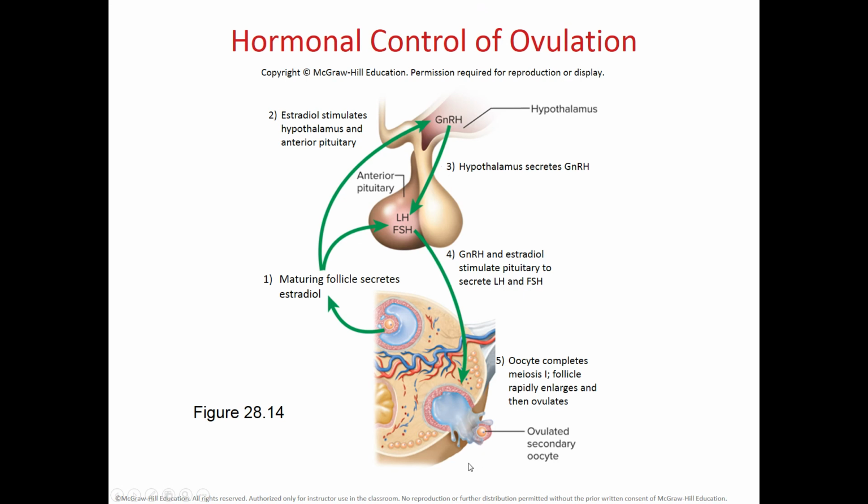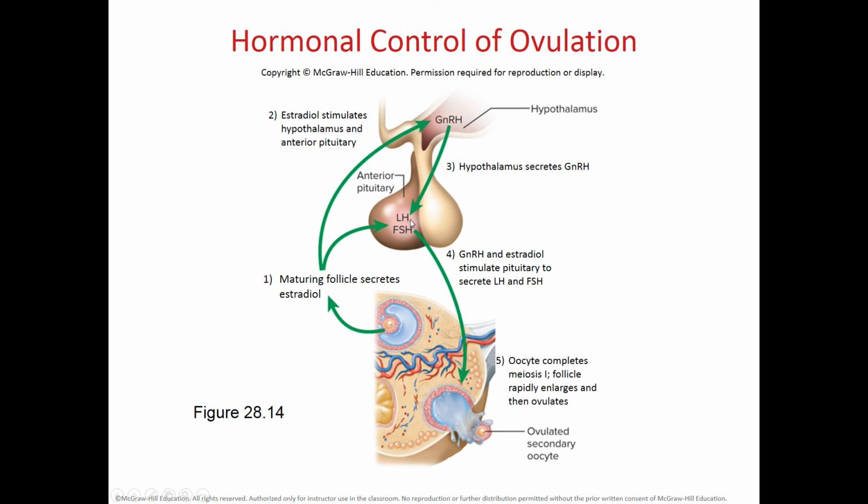So hormonal control of ovulation happens because as this follicle is growing, you have these thecal cells making estrogens or estradiol, which is going to activate the anterior pituitary gland and hypothalamus. The hypothalamus is going to secrete GnRH, or gonadotropin releasing hormone, and the anterior pituitary gland is going to secrete LH and FSH under the influence of estrogens or estradiol and GnRH.